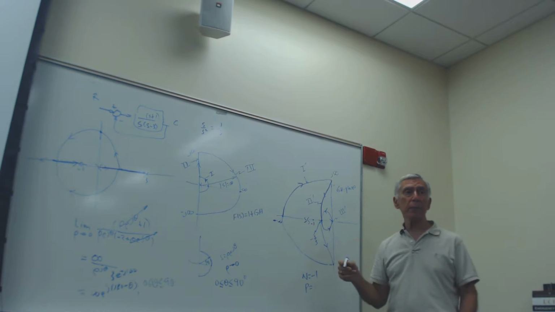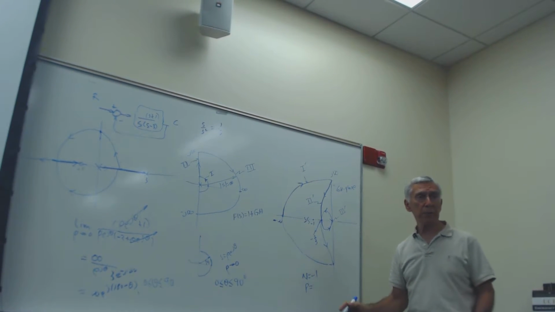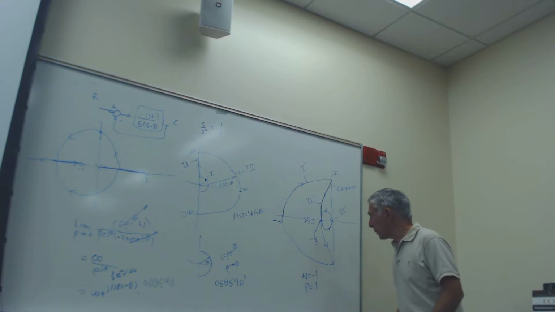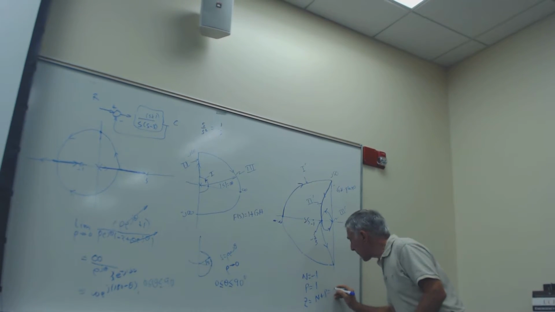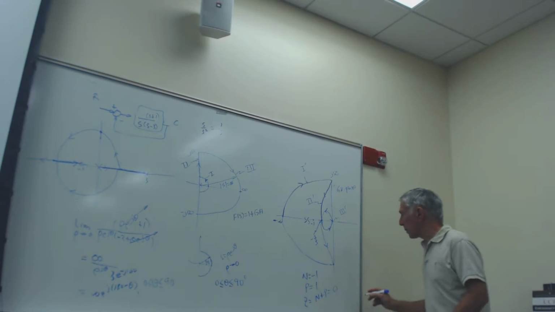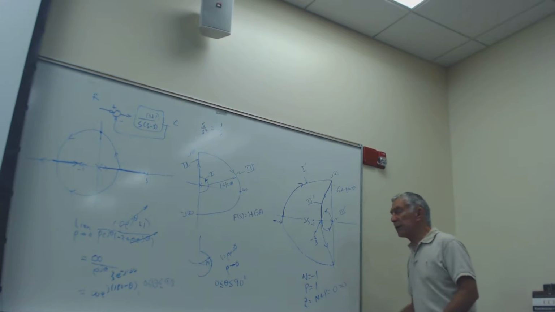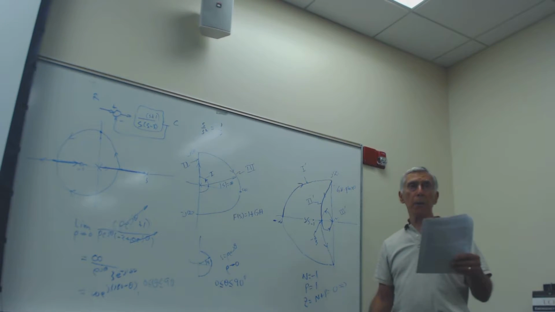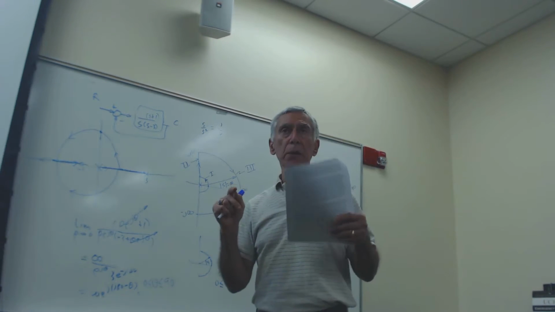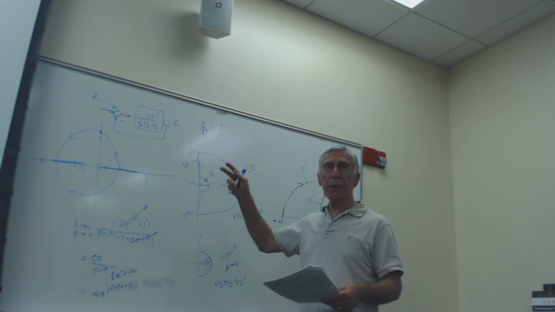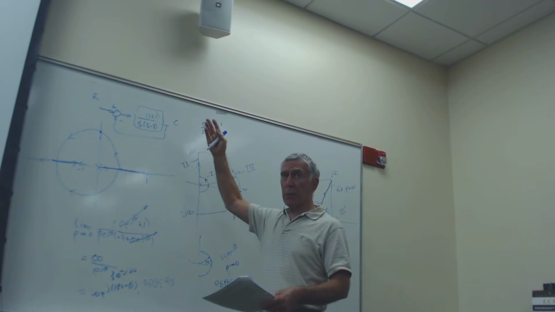Number of right half plane poles of the open loop transfer function, 1. What is Z equal to? N plus P, 0. Okay, that means there are no right half plane poles of the closed loop system when K is equal to 1.